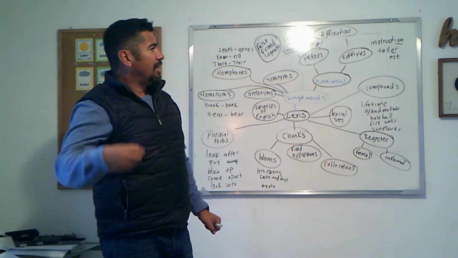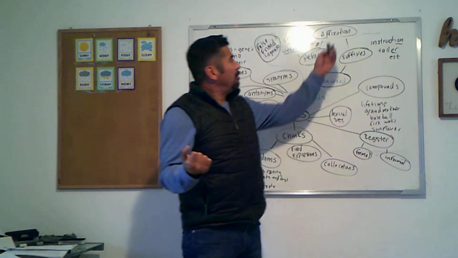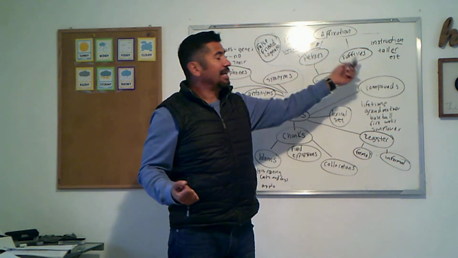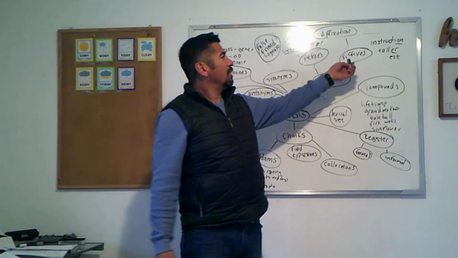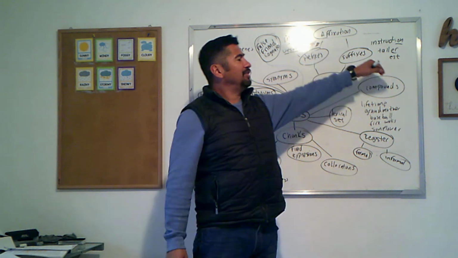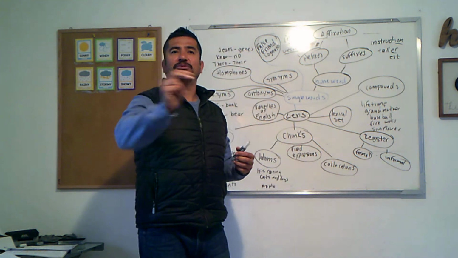Now, we have this type of affixation, which are letters or syllables added to the end part of the word, which are called suffixes. This transformation can change even the word's part of speech.